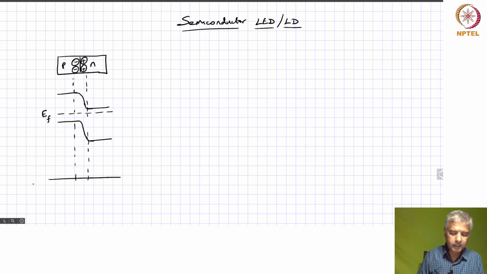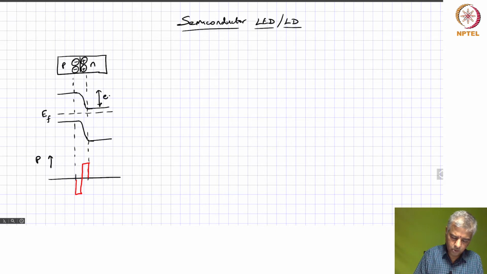Well, if you look at the charge density, we have essentially negative charges on the P side and some positive charges on the N side, and so there is a sudden difference in the charges, and we know that this difference in the charges is going to cause a barrier. That's the barrier that we are seeing here.